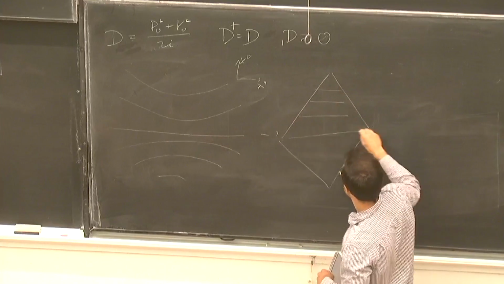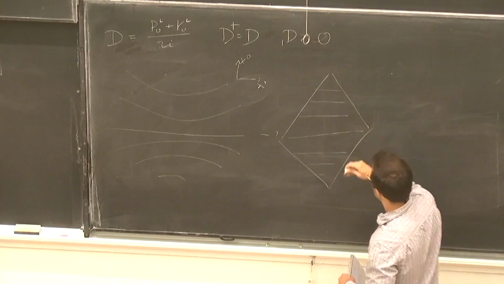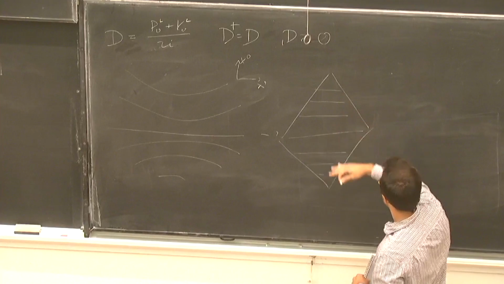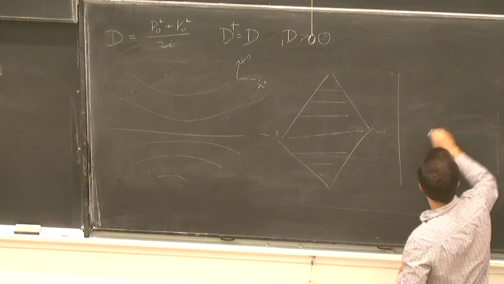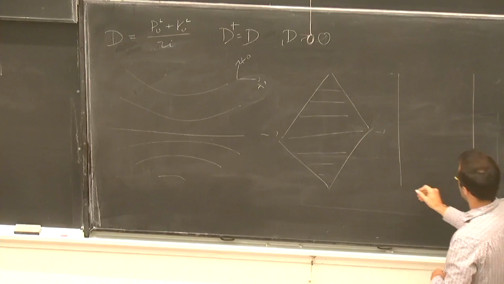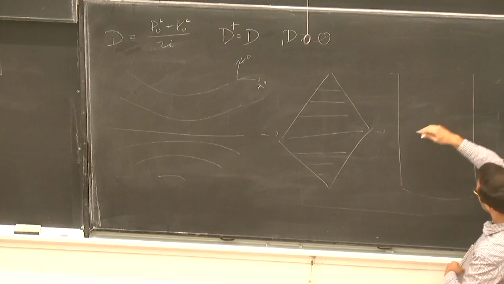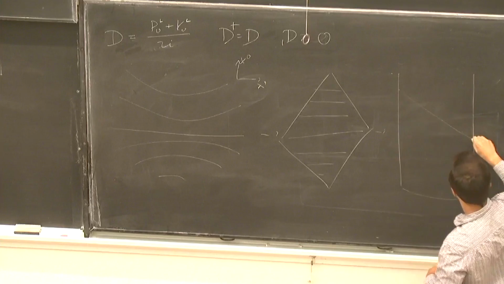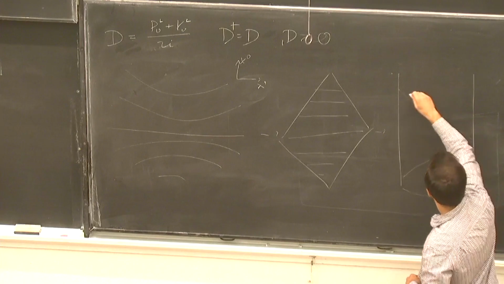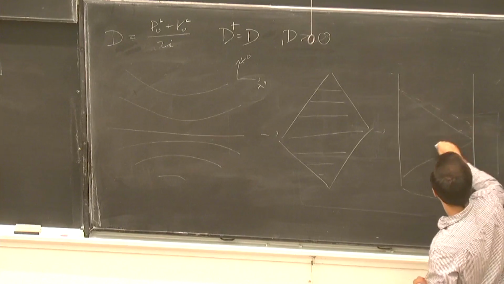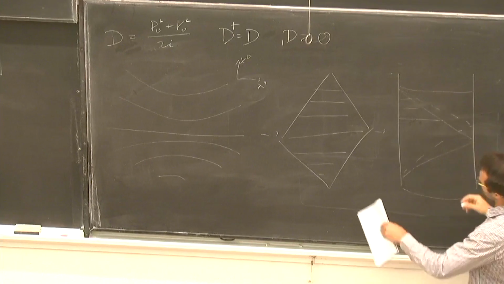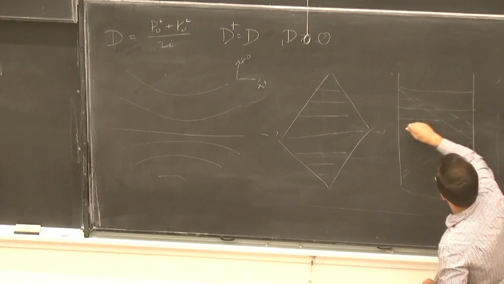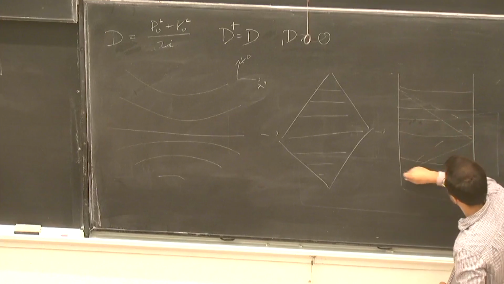So that's why this operator is important: it generates the translations in this Penrose diagram, which you should really think of as the Lorentzian cylinder. I can cover the Lorentzian cylinder with patches of these Minkowski spaces. The conformal Hamiltonian is precisely the time generator on the Lorentzian cylinder.